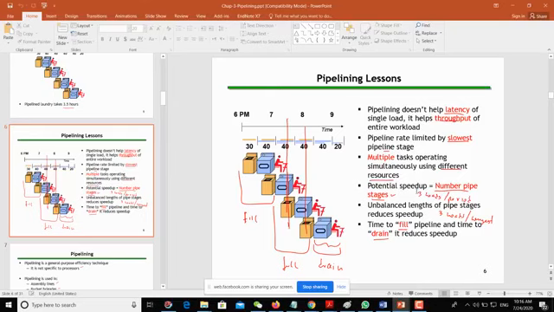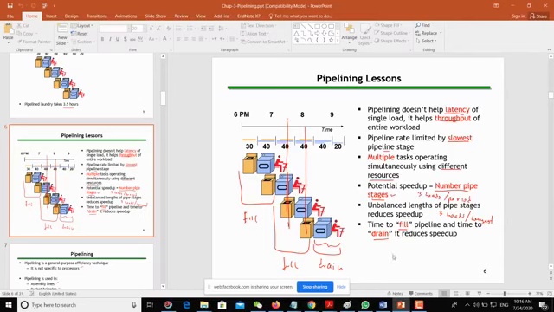And then potential speed up, number of pipe stages. If three loads, and if you are accomplishing your work in fewer stages, it will be quicker. And if you are finishing your work in too many stages, it will take longer. This is what it means.